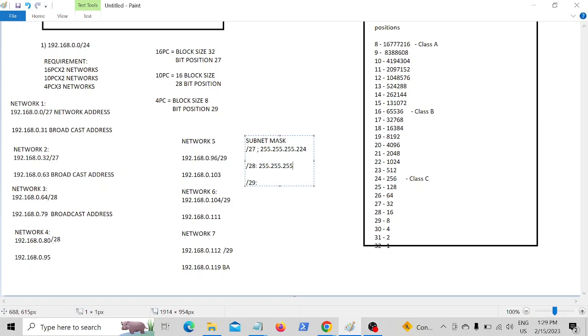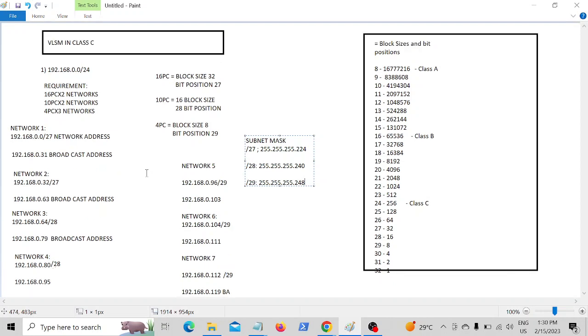Again slash 29: 248, right? 248, correct. 255.255.255.248. So this is the subnet mask for all these 3 requirements.